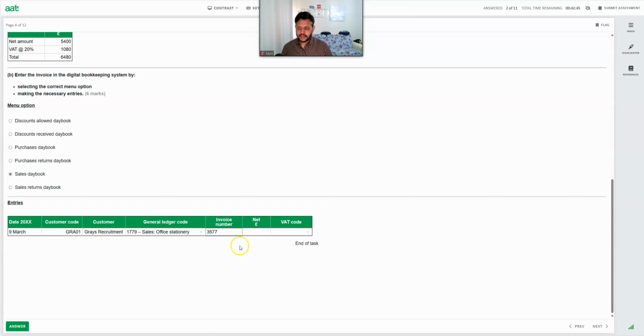The net amount is 5400 that we have calculated already, and the VAT code is standard. Remember that at the beginning of the question they said we always take the VAT as standard 20%. All right, I think that's it for our task number 4, or 3 actually.